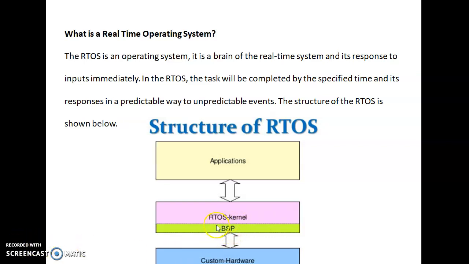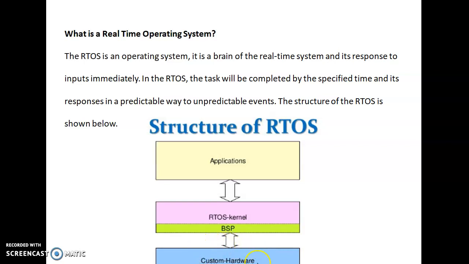This board support package supports the RTOS to run on the hardware. Obviously, the RTOS helps applications run on the hardware. Now, as we know, there are n number of applications which require this hardware, so the RTOS schedules and synchronizes each and every application to run on the hardware.